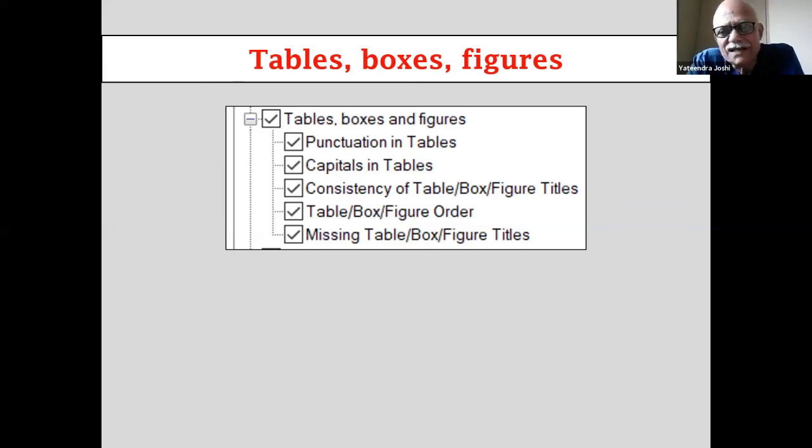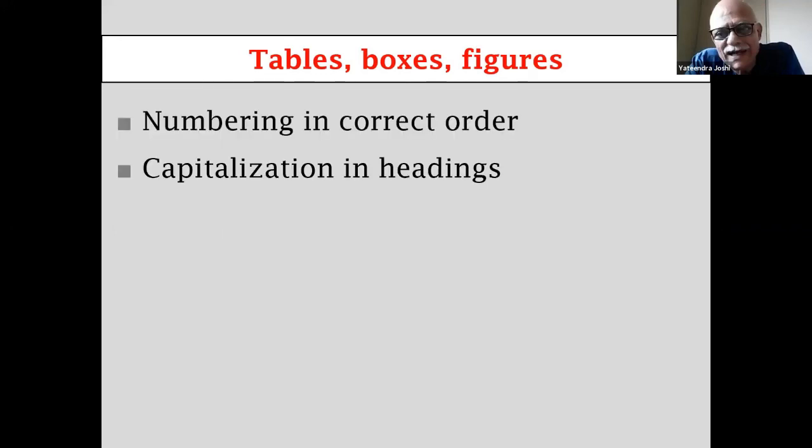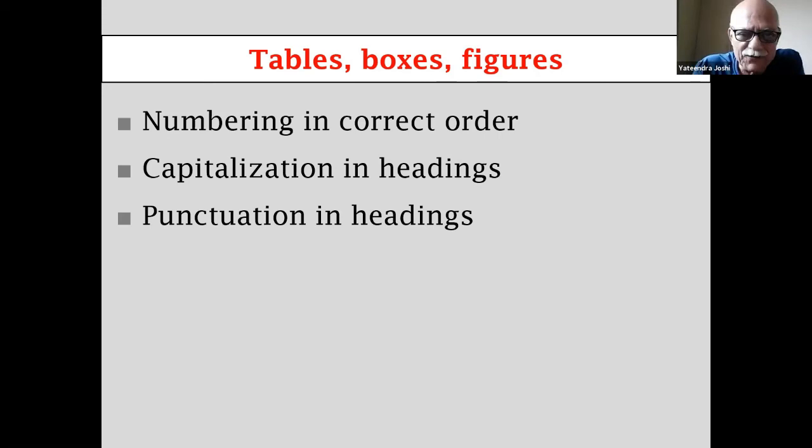Authors do that, but they forget to renumber those tables. So again, it's useful. So all these things, the table title, for instance, whether you have used sentence case for column headings, how you have used punctuation in column headings, all this it will check.